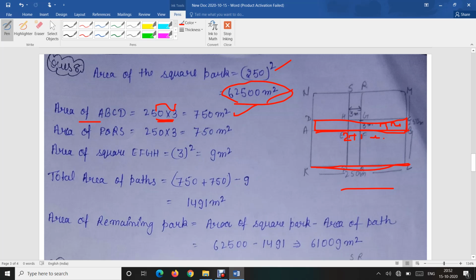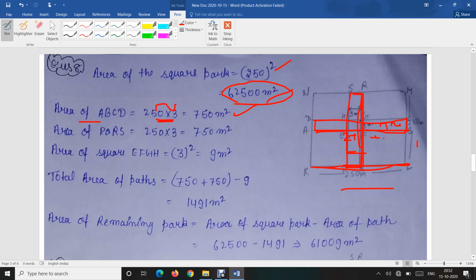Now this time you have to find out the area of PQRS. As you can see, the length is 250 meter now. This is the length, which is 250 meter, and this is the width, which is 3 meter.